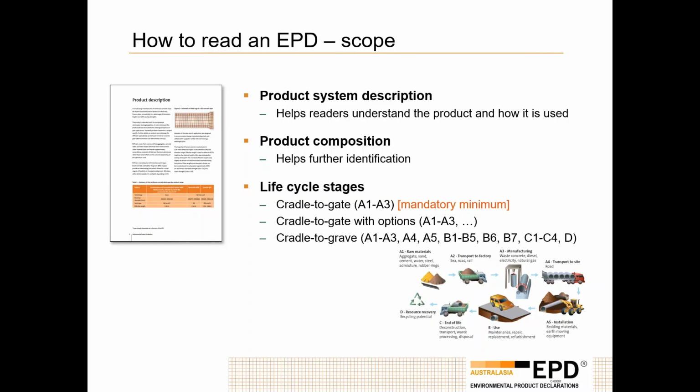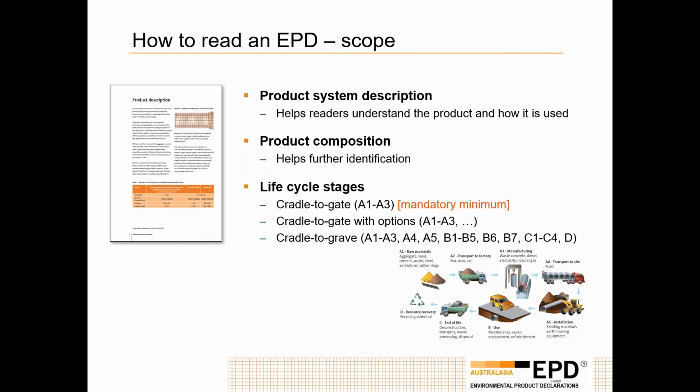EPDs can cover different life cycle stages. They're all based on life cycle assessment, but they don't necessarily cover the full life cycle. So as a mandatory minimum, they need to cover cradle to gate. For EN 15804 compliant EPDs for construction products, we use these codes A1 to A3, and I'll show you in a second how they come together.